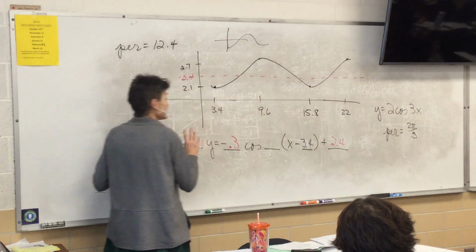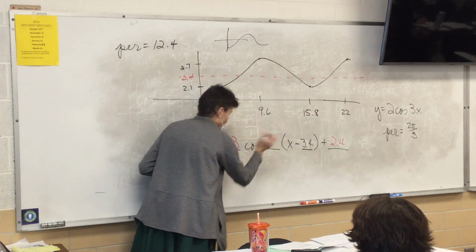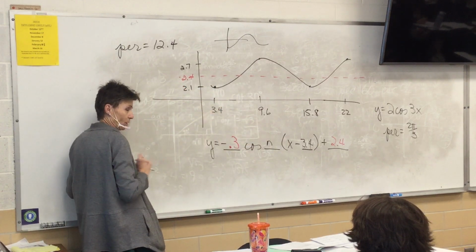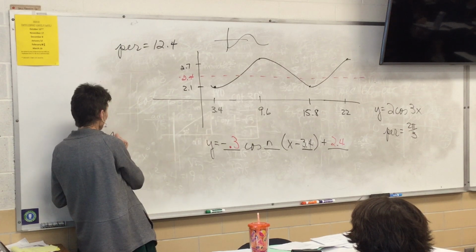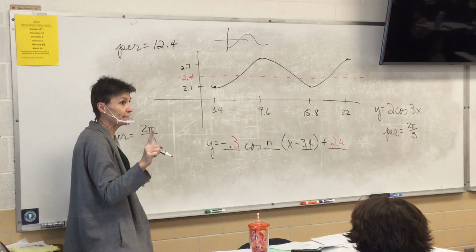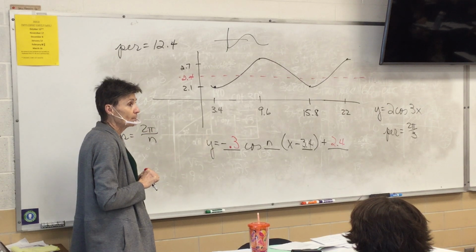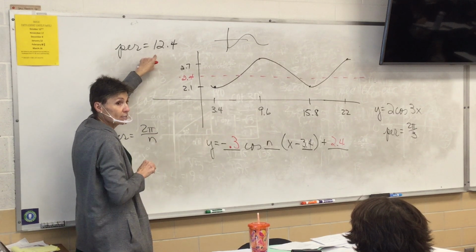I don't have any idea what this number is, so I'm going to temporarily call it n. You call it whatever you want. But I know that I can get my period by taking 2 pi divided by that number. Agreed? But I know my period. My period is 12.4.